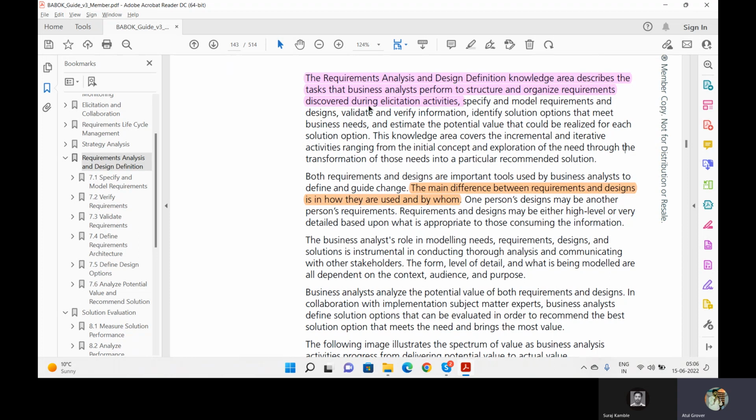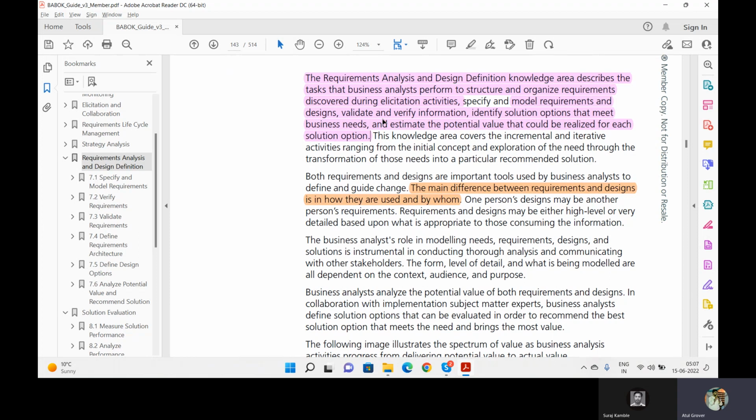Now I'm structuring them: what sequence it can be done in, what dependency there is, what model it is fitting, how I can make a pictorial representation. Specify and model requirements, validate, verify, all the 6 steps which we discussed, we are going to discuss in this particular topic.